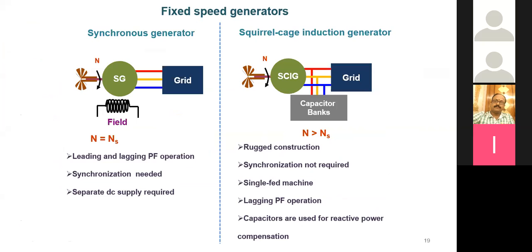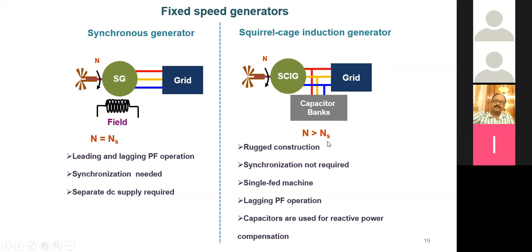So the speed of the machine, the frequency and the voltage of the stator winding are dictated by the grid because it is directly connected. That means voltage and frequency are fixed. So the rotating magnetic field speed of the squirrel cage induction generator is 1500 RPM for the 4-pole machine. Let us consider, the rotor speed of the machine should be greater than 1500 RPM. Then only the generation will be possible.